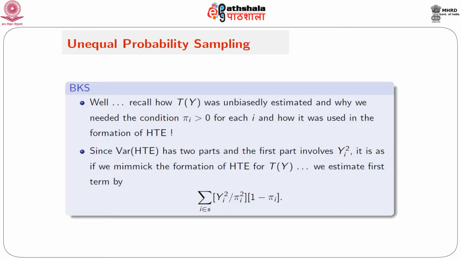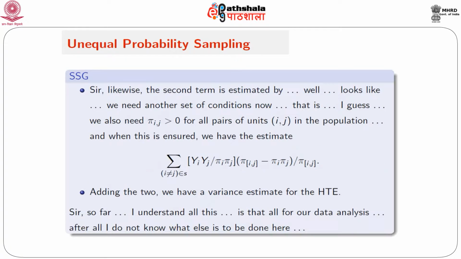Because the variance has two parts, the first part involves yi square. It is as if we are mimicking the formation of the HT for the population total. So we estimate the first term, which is summation yi square over pi i square times 1 minus pi i, by summation over the sample of yi square over pi i square times 1 minus pi i. Likewise, the second term is estimated by, well, it looks like we need another set of conditions now.